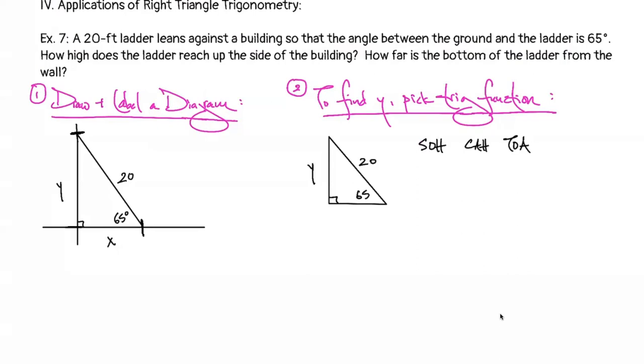All right, so we got a cosine one, and tell me why you're choosing cosine. All right, we have the hypotenuse, I agree with you. And explain to me how Y is adjacent to 65. The opposite is, so next to it is 65. It's not like opposite to Y. Oh, okay. So you're saying that this is the hypotenuse, and where's opposite from 65?